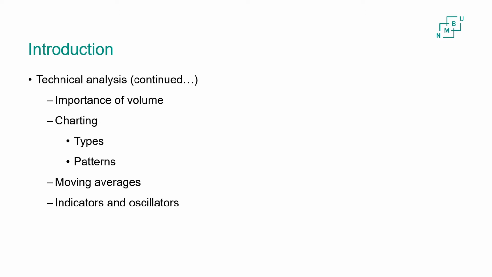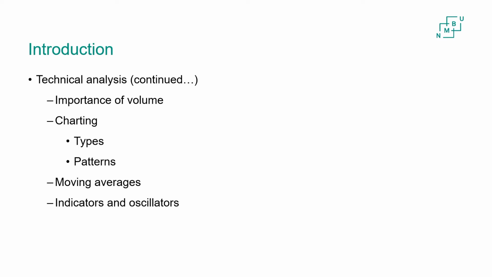We are also going to look into the importance of volume, because in technical analysis we only use price and volume. We're going to look into what kinds of charts we use, and we're going to identify some patterns which are usually found in charts.